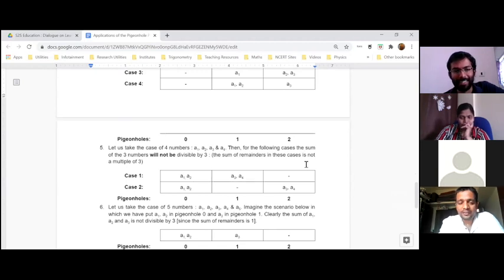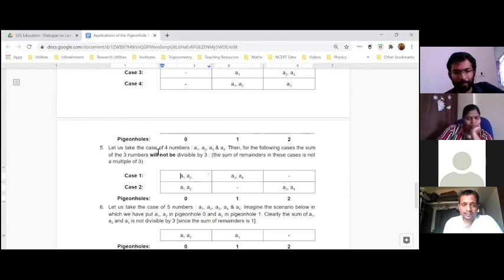Yes. Actually, Gauri ma'am gave that hint, so pigeonhole can apply that concept. So for these 2 cases, let's say case 1, A1, A2, this is the worst case, we can say, because there are 4 numbers, A1, A2 in pigeonhole 0, and A3, A4 in pigeonhole 1.